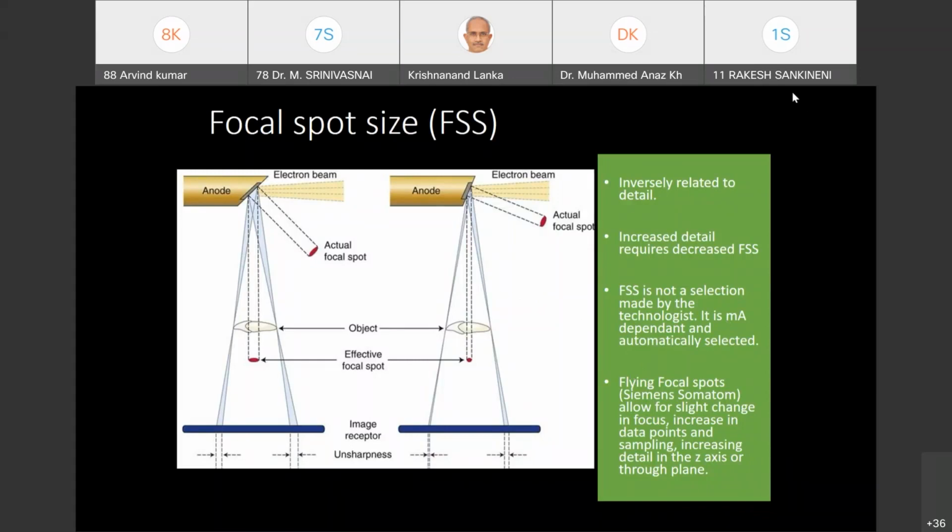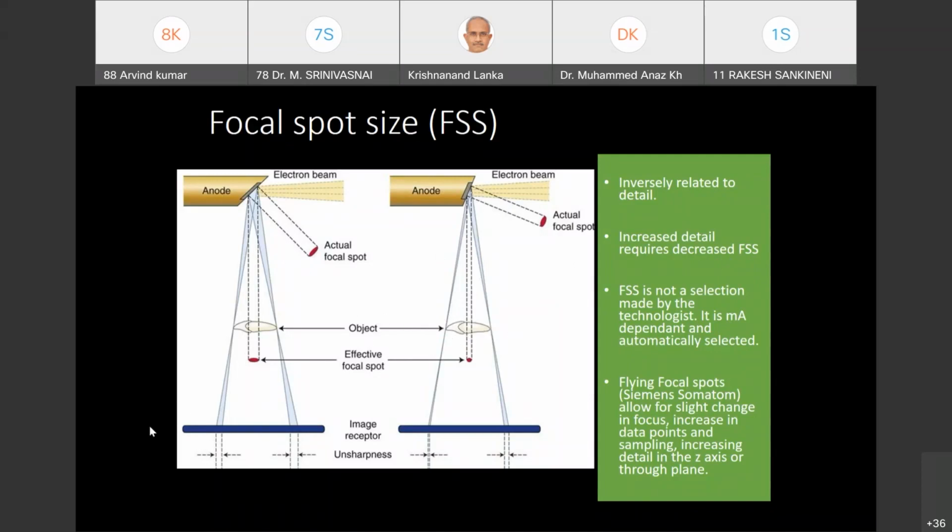It is inversely related to detail, right? Increased detail requires decreased focal spot size. So here, how are you going to choose? See, this is an example of a tooth of a human being, right?